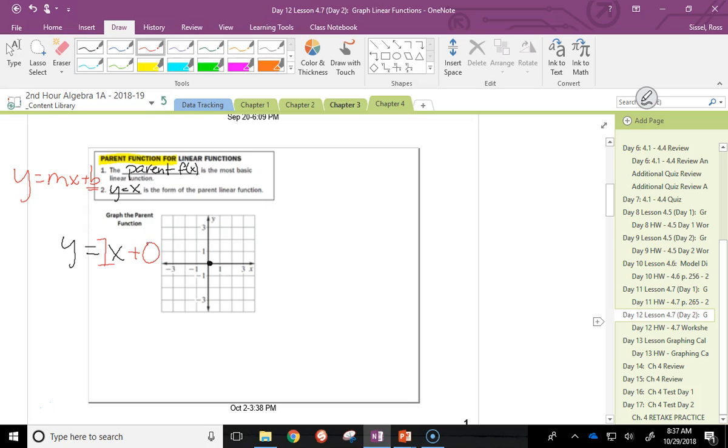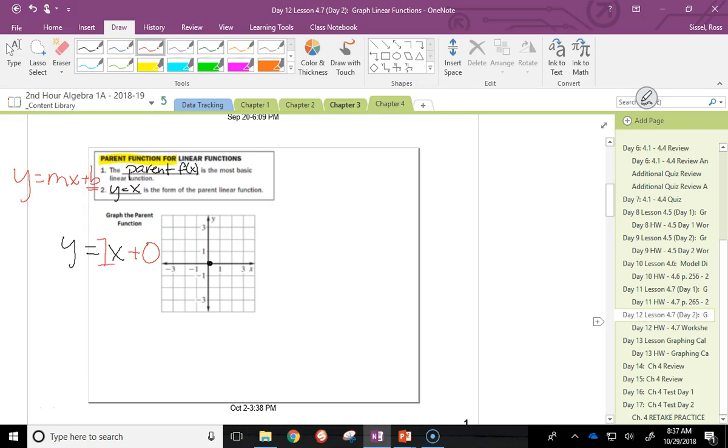So y equals x is really written in slope-intercept form, right? Because your m is just 1 and your b is 0, because it's left off. So graphing this is pretty simple, right?